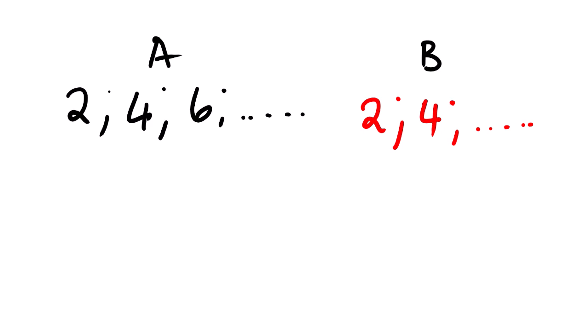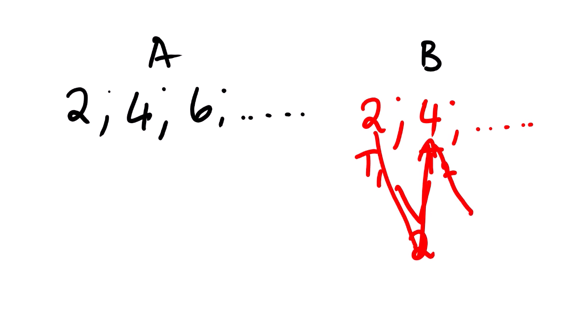To obtain term 2 from term 1, we added 2. So 2 plus 2 is 4. But we are not sure that adding 2 will give us the next number, because we don't have it, so we cannot conclude that this is a number pattern.